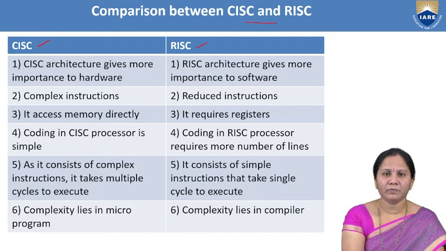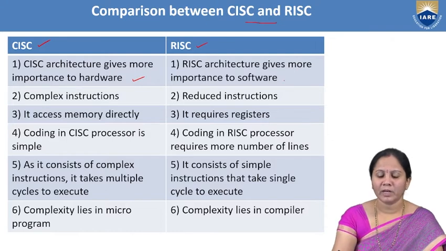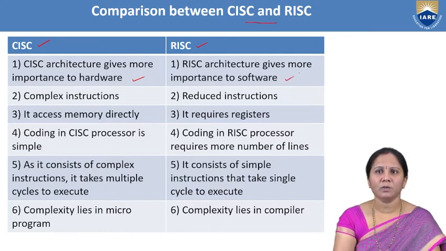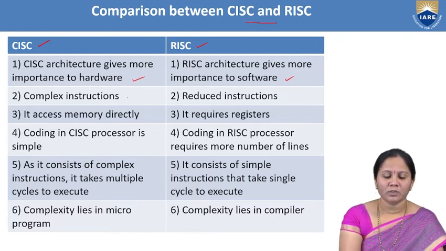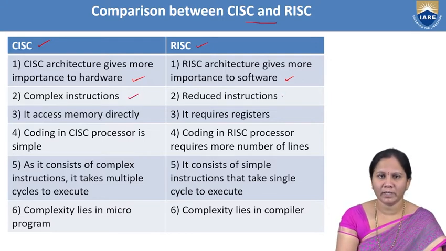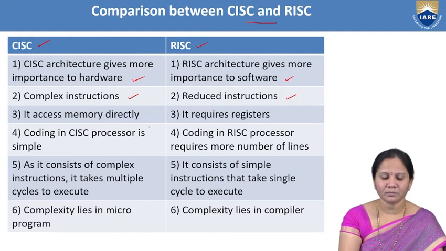The basic difference first: CISC architecture gives more importance to hardware, whereas RISC architecture gives more importance to software. In CISC the instruction set is complicated. In RISC the instruction set is very simple, reduced instructions.